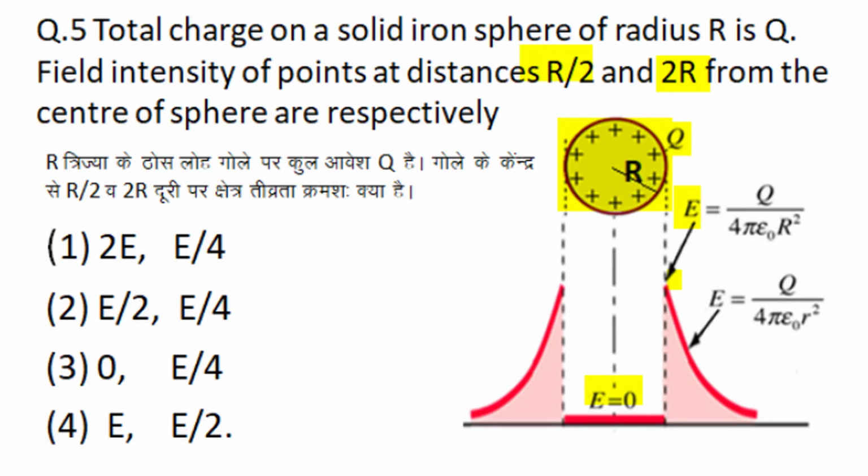Anywhere we construct enclosed surfaces, since enclosed charge in these surfaces is 0, net flux across these surfaces becomes 0, and if the surface is a symmetrical spherical surface, flux is the product of electric field intensity and spherical surface area. Since the spherical surface area for this internal Gaussian surface is non-zero, the only possibility is that internal electric field is 0. So at r by 2 distance, internal electric field is 0 only.